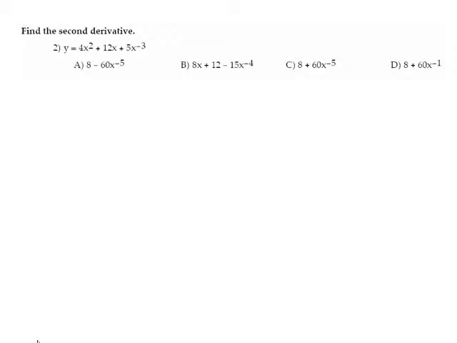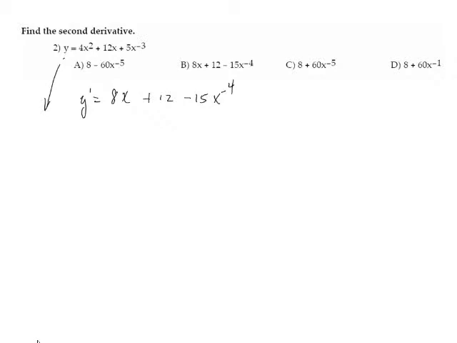Second problem is to find the second derivative. So you've got to do the first derivative first and then do the second derivative. Y prime would equal, using the power rule, 8x plus 12 minus 15x to the minus 4.